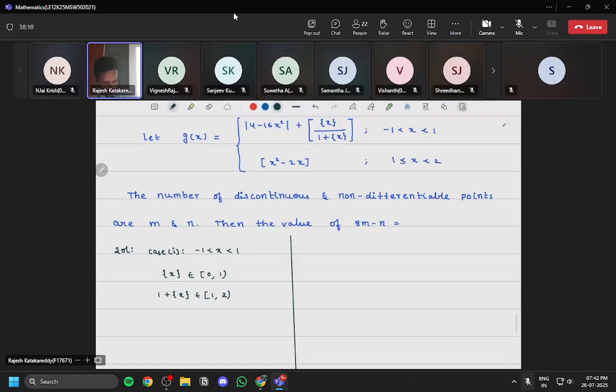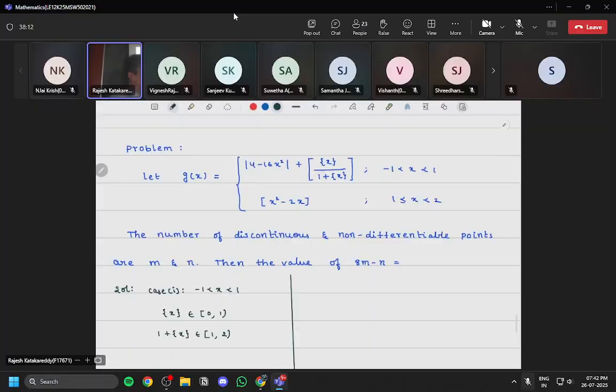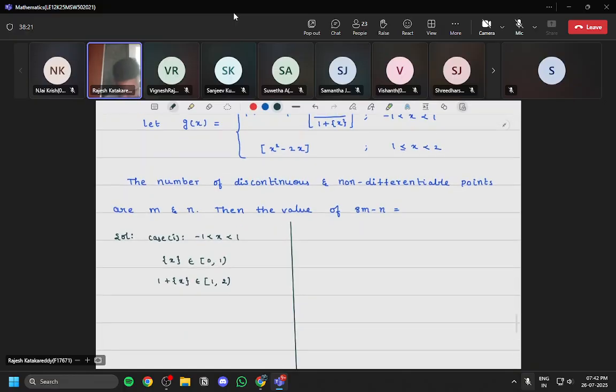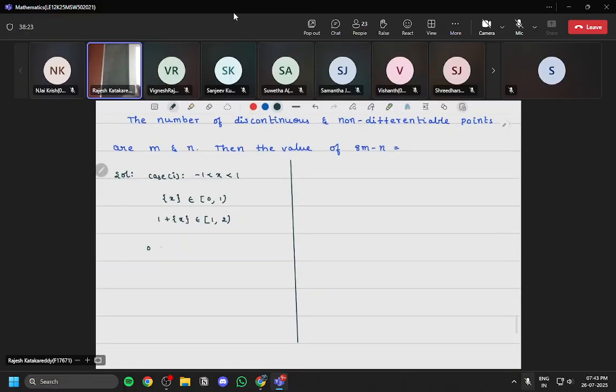If you observe, the numerator is between 0 and 1, and the denominator is greater than 1. The numerator is less than the denominator, so equality never happens. There is no common value in the range.